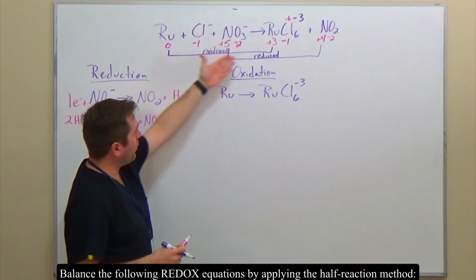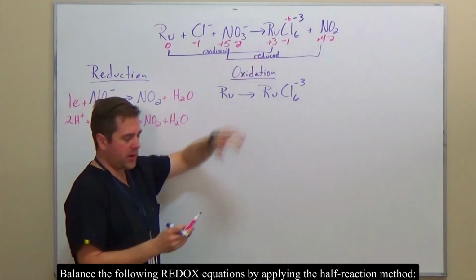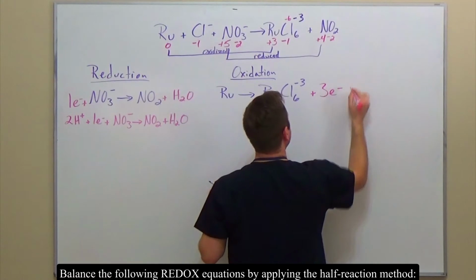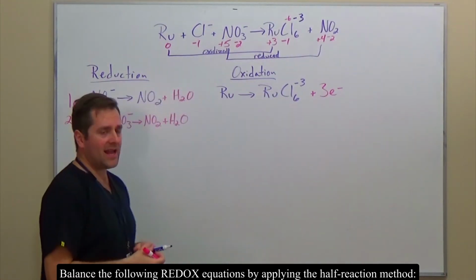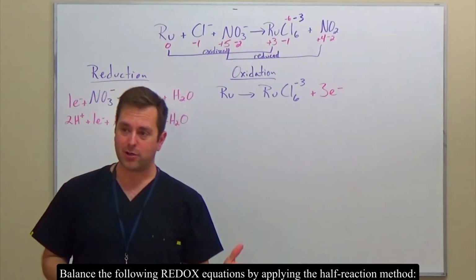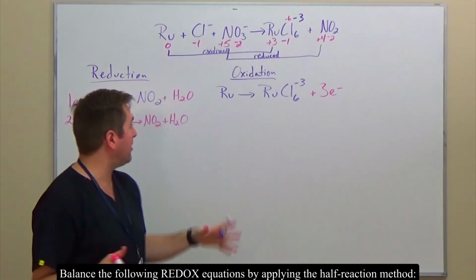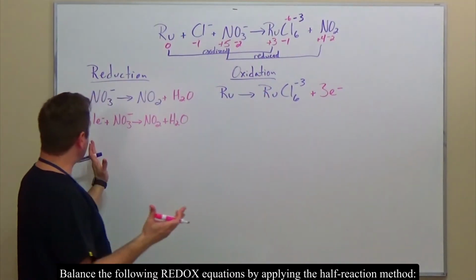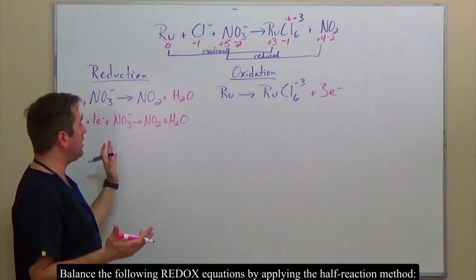Now, which ruthenium is more positive? Obviously this one, +3. So we got to add 3 electrons to this side. Okay? Are there any oxygens that we need to really worry about? No. So we're not going to add waters, and we're not going to add hydrogen ions to our oxidation half reaction. So what we can do now is really just focus on the electrons.